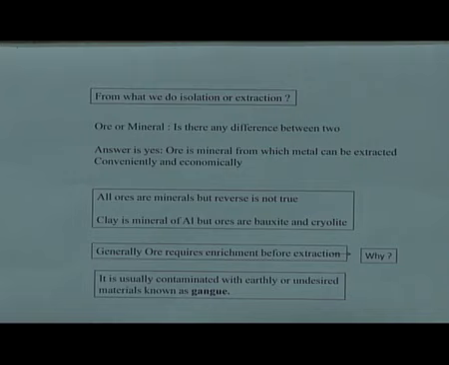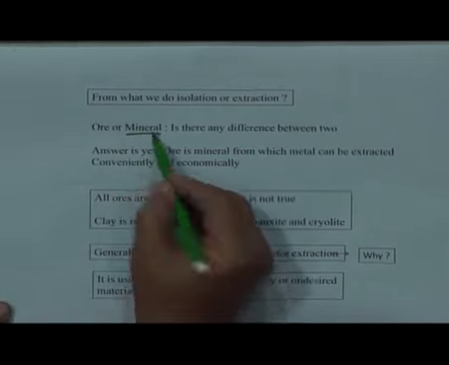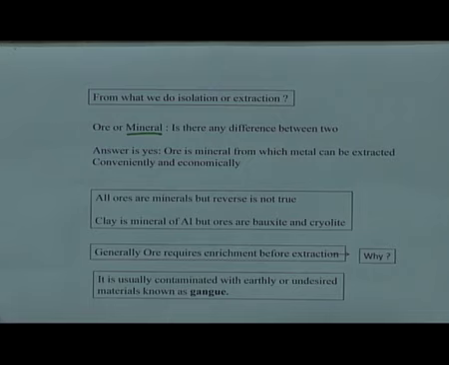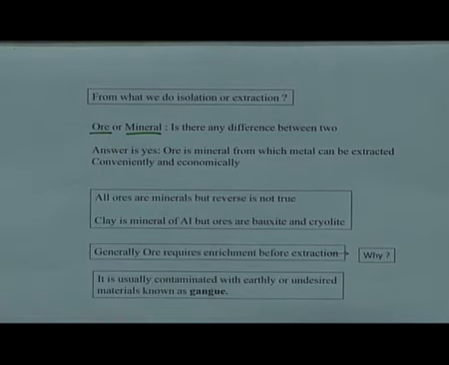These various substances which have metals, in general, may be called minerals. So, what are those from which we can extract metals called? Those are called ores.